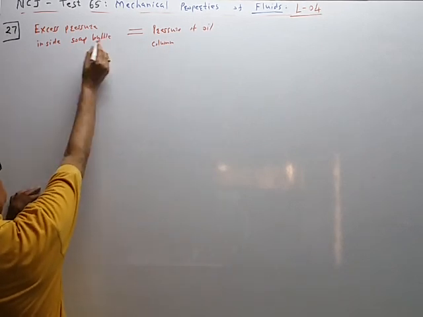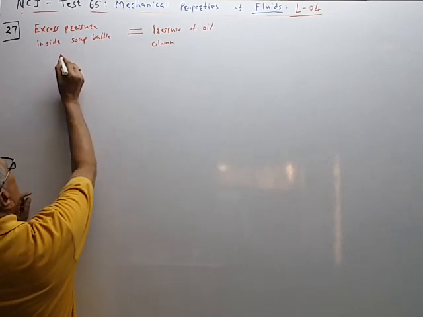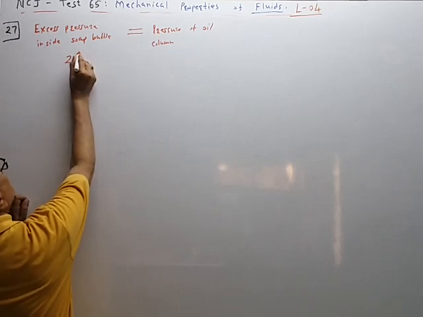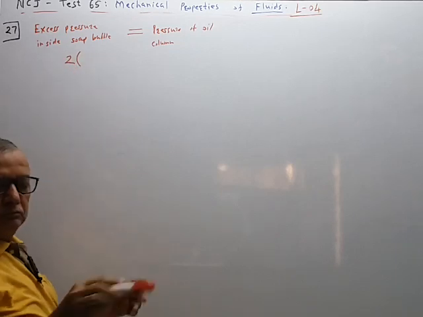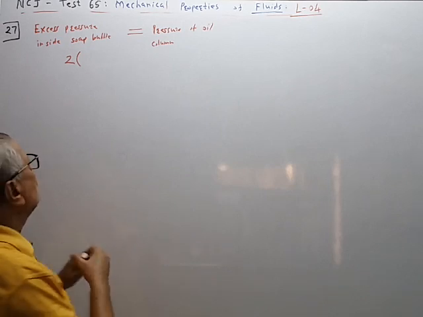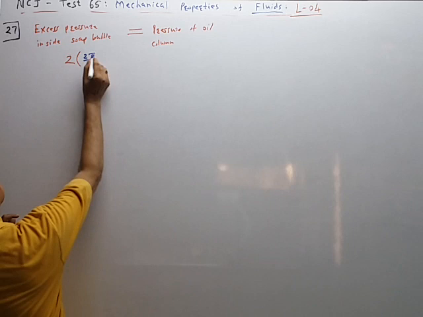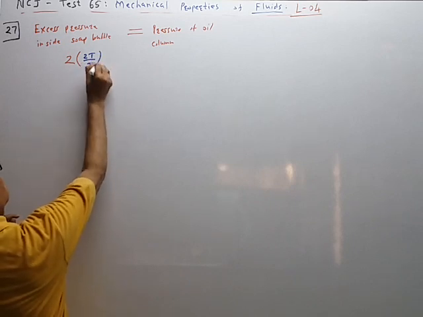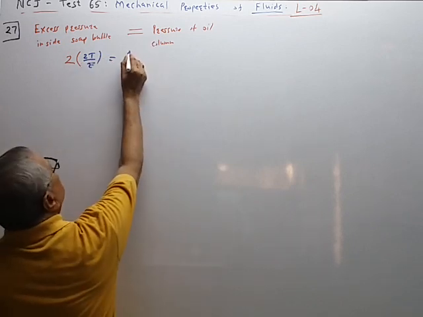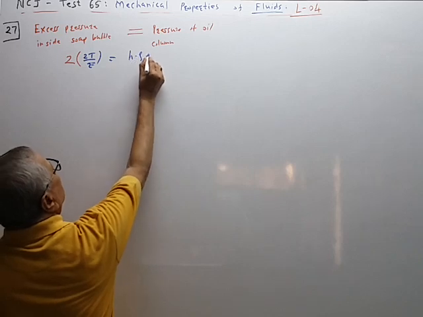Therefore, bubble means it has two free surfaces, so 2 multiplied by 2T upon R is equal to H rho G.